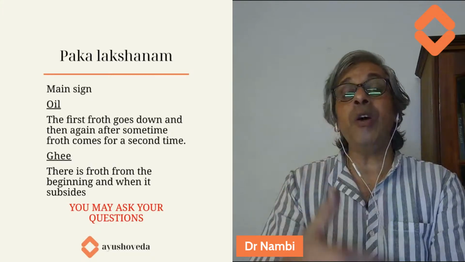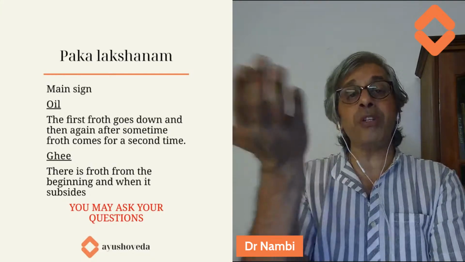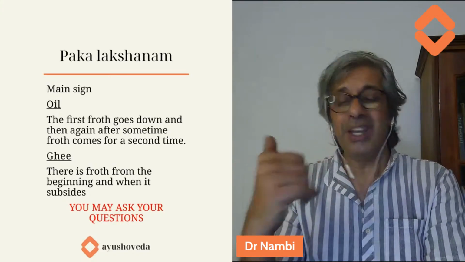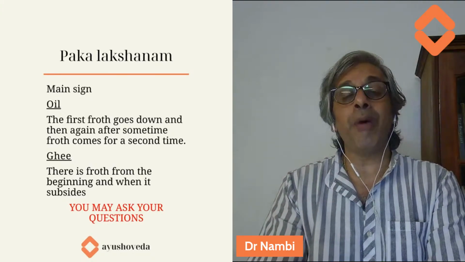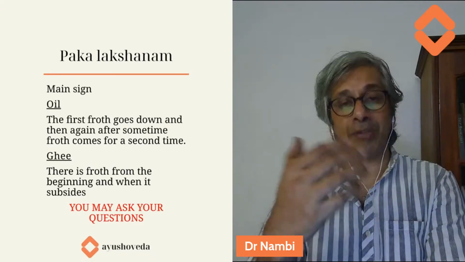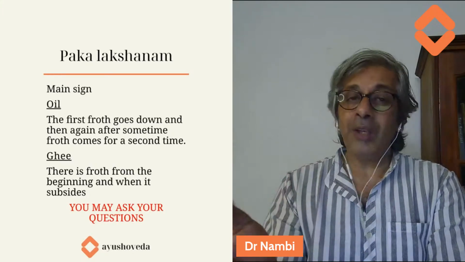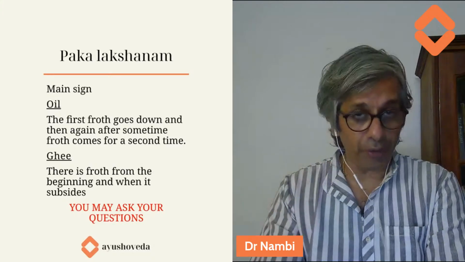So depending upon what purpose you are making that oil, you have to filter it at 3 different stages. There is also one more stage which Acharya mentions, that is dagdha paka or the burnt paka. That means after the third thing, if you keep on heating after that, it will start burning. And once it is burnt, you cannot use it. You have to throw it off.